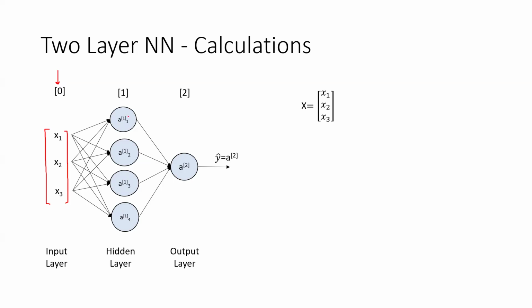The output of the first neuron in the first layer can be represented by A11. That means the first layer's first neuron. A12 is the first layer's second neuron output, or the second activation.